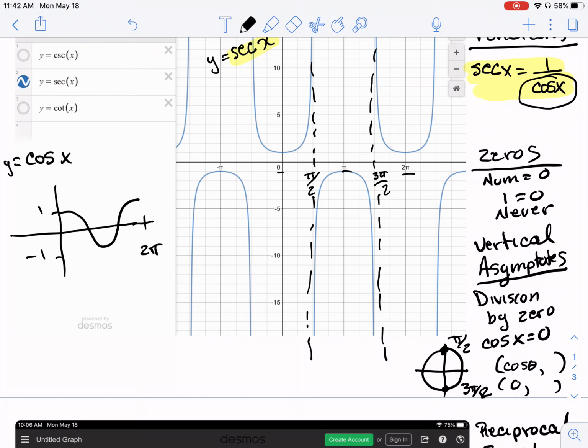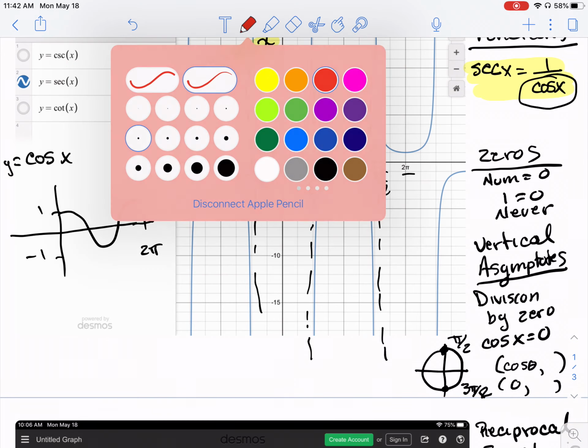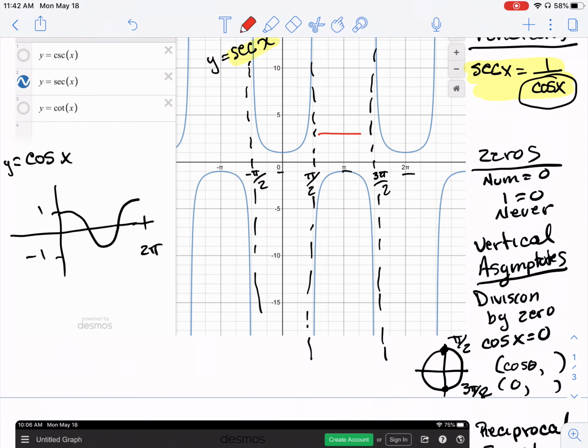Same thing if I go left, halfway between 0 and negative pi, negative pi over 2. Got my vertical asymptotes going in there, and those will just keep going and going. Notice the distance between these vertical asymptotes is pi, so our period on cotangent? Nope, on secant is pi.